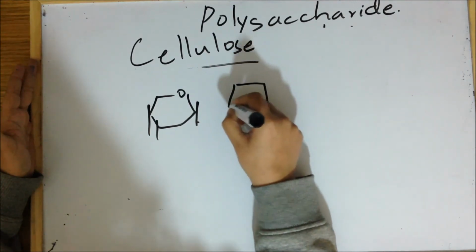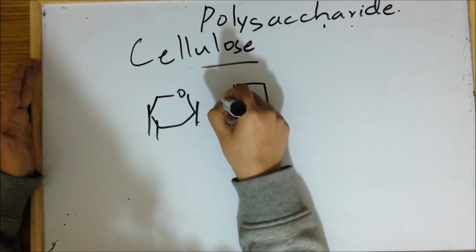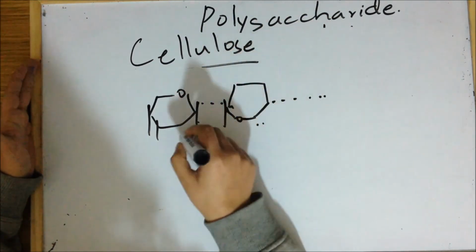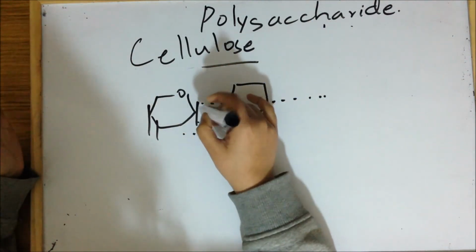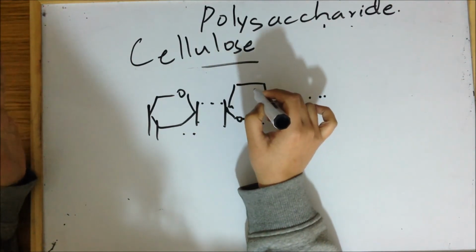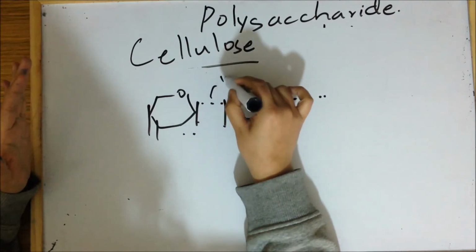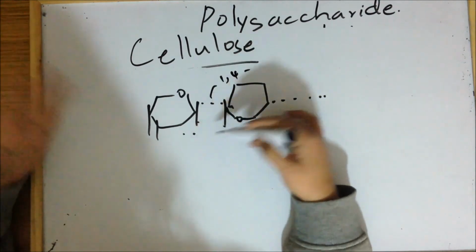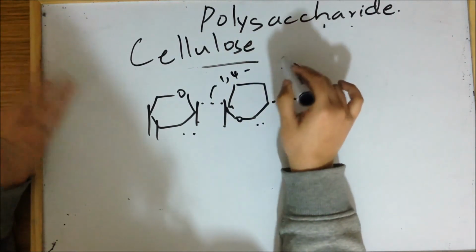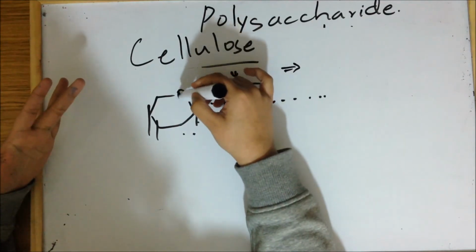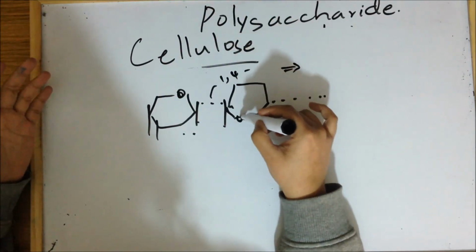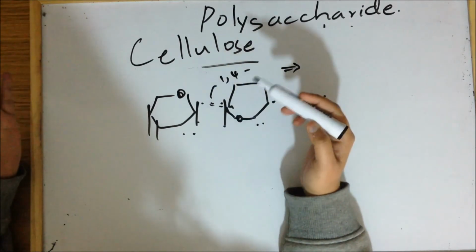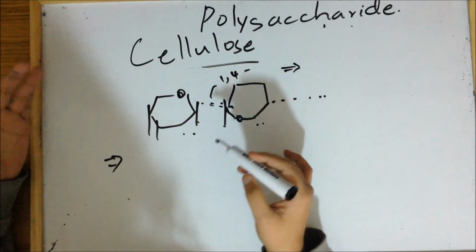If you look here, I have drawn only a rough diagram. When two monomers bind together by a 1,4 glycosidic bond, they are in inverse orientation, not straight. If the oxygen of one molecule faces upwards, in the other molecule the oxygen faces downwards. This adds to their rigidity as well.